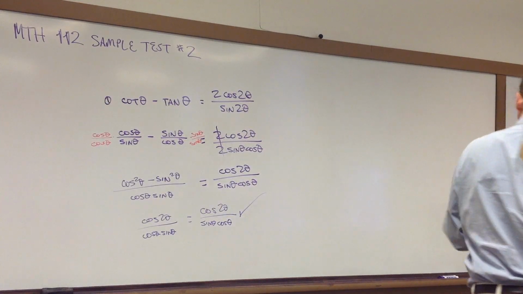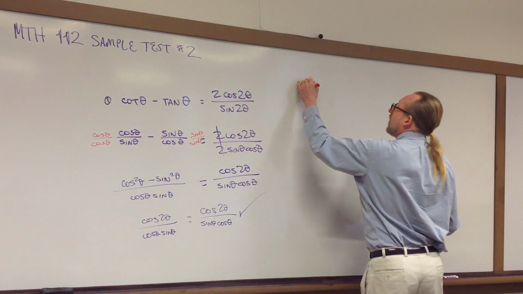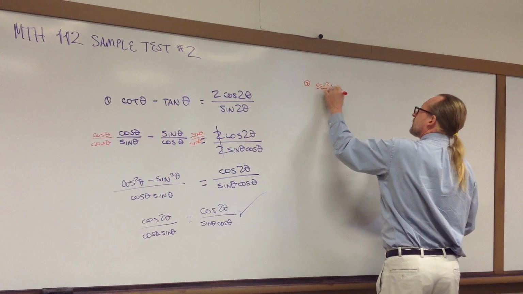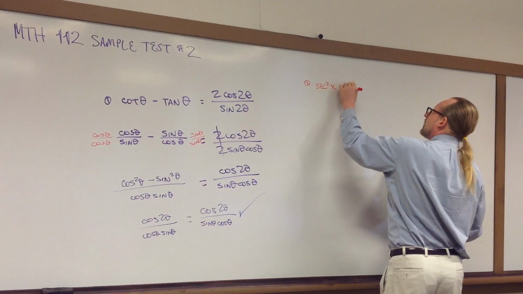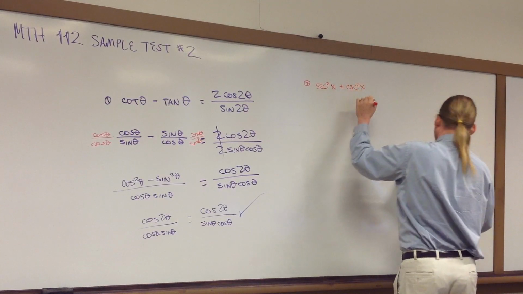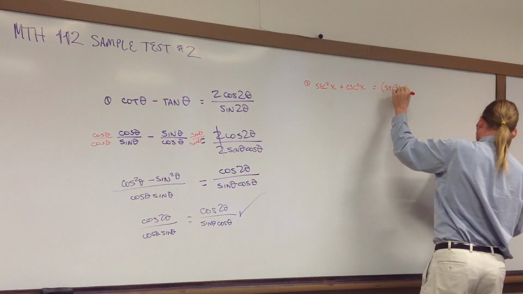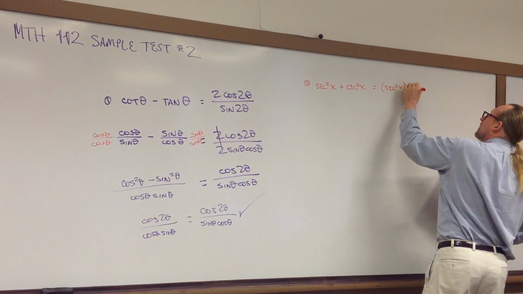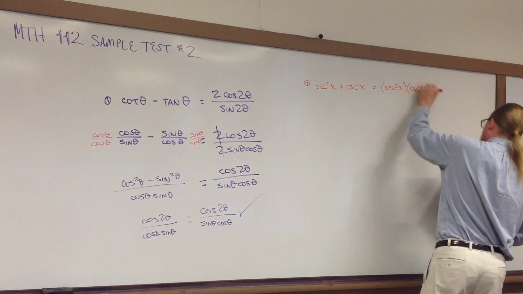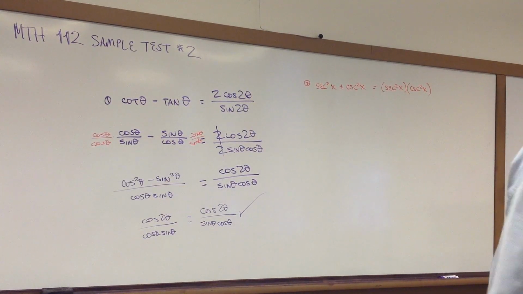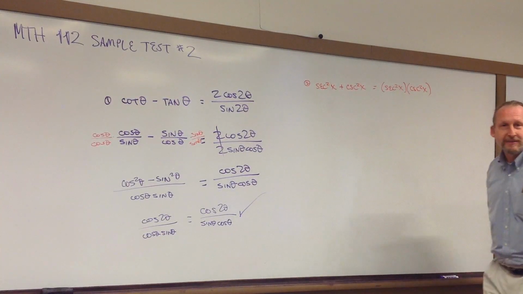Problem 2. We want to show that secant squared x plus cosecant squared x is equivalent to secant squared x times cosecant squared x, which is actually kind of interesting. That if you add those 2 quantities together, it will be the same as if you multiply them.